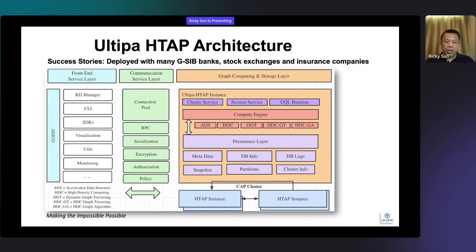So this is the whole picture. We talk about there are multiple engines. These are the engines like the persistent layer, the compute engine layer, also the query layer. The key thing is, as you can see, there are multiple HTAP instances, right? And this is a logical architecture. Normally, the minimum cluster setup is with 3 instances.